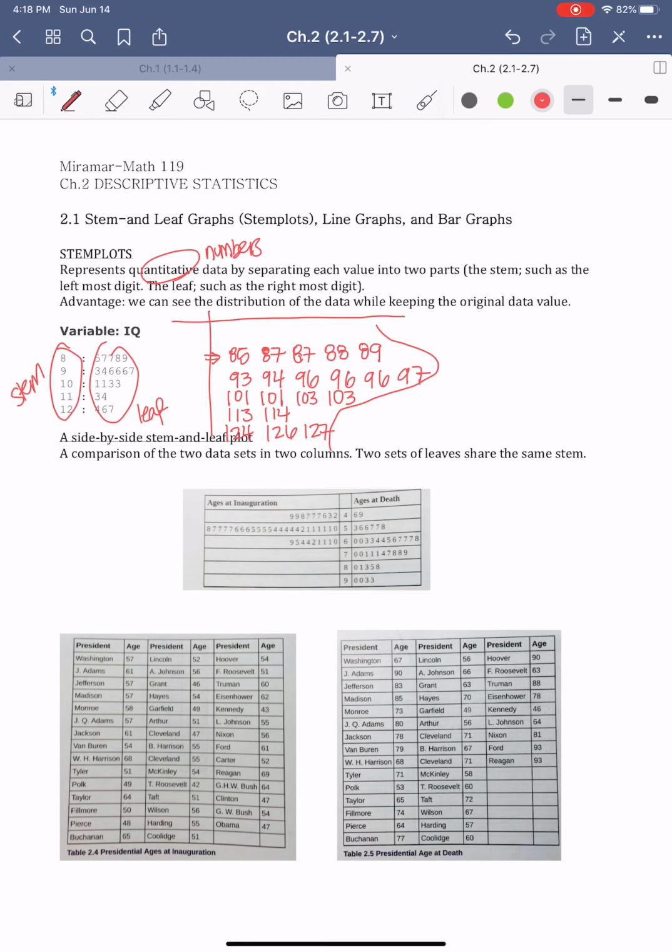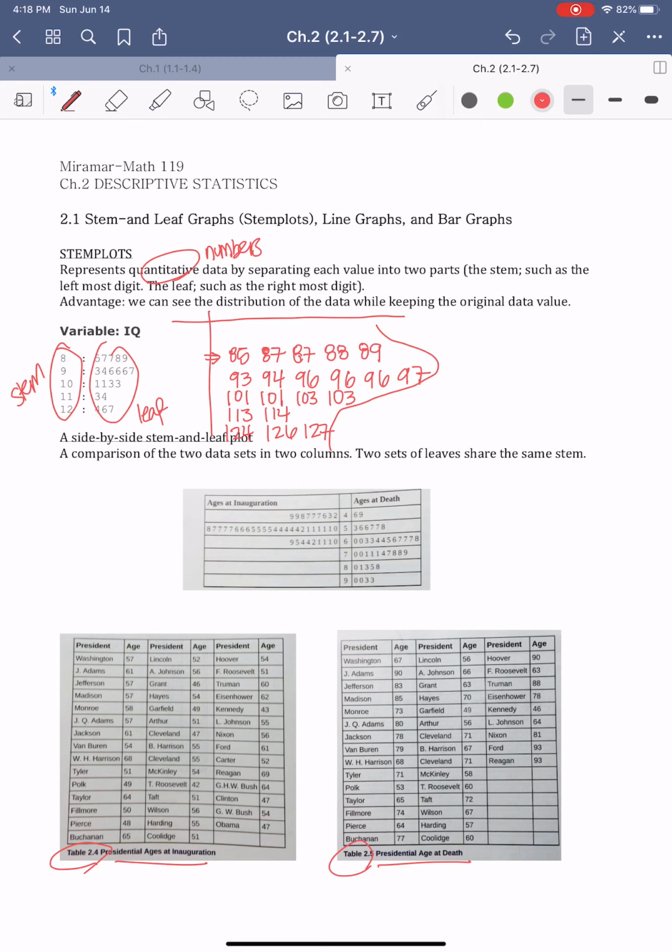The second is the side-by-side stem and leaf plot. This is just the stem. This is a comparison between two data sets. Instead of creating one stem plot and then another stem plot for the second set, you're basically using one stem to make two leaves. Here you have two different data sets: presidential age at inauguration, and presidential age at death.